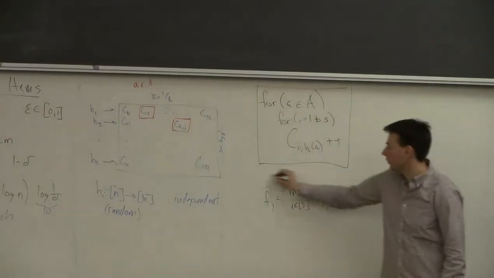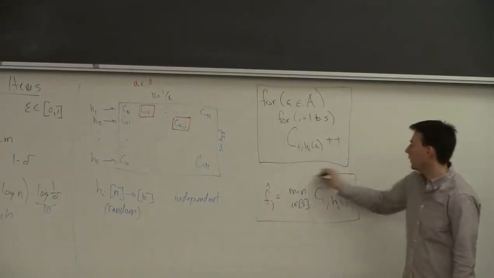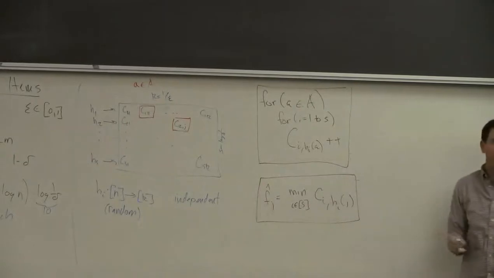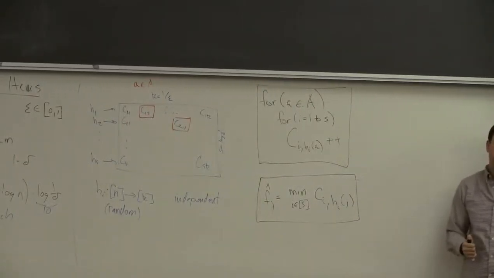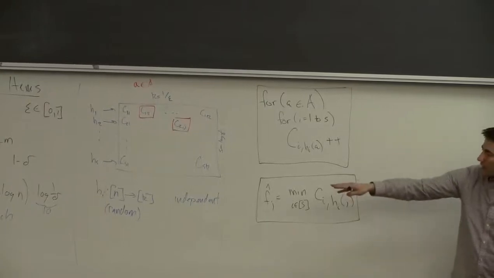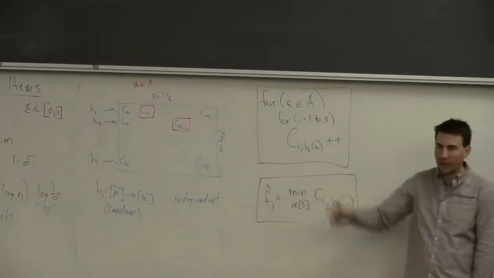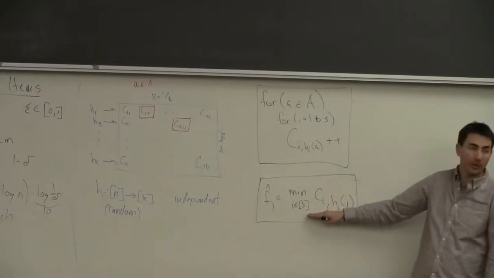So on a return, I don't just look up one counter, I need to look up all of the associated counters, and I take the smallest one. This is why it's called the count min sketch: I'm keeping the counters, and to return it I take the minimum.